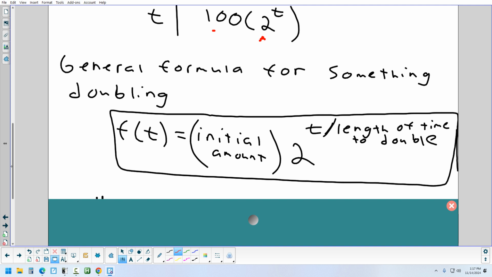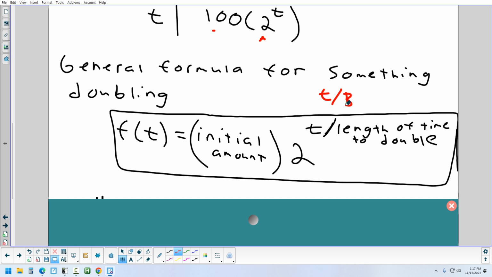Now, in our problem, the bacteria was doubling how often? Every hour. Every 1 hour. So really, it was t divided by 1. When you divide by 1, does that do anything to it? No, that's why I didn't bother with that. But if the bacteria was doubling every 3 hours, you have to put a 3 in the bottom.